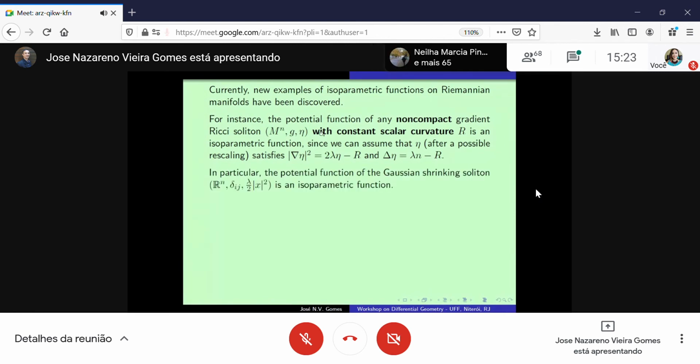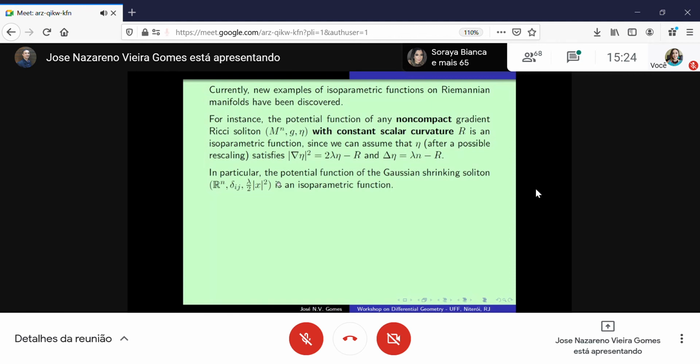But it's necessary that the Ricci soliton have constant scalar curvature, okay, and be non-compact, because if it is compact and has constant scalar curvature, f is constant, but an isoparametric function must be non-constant.